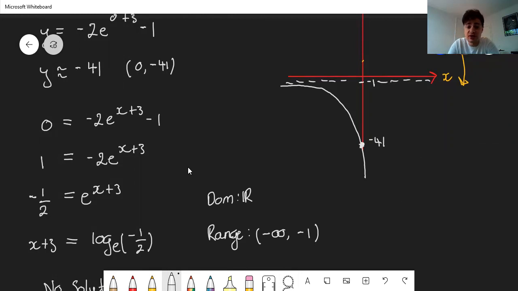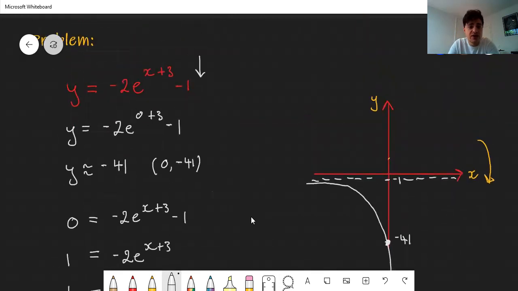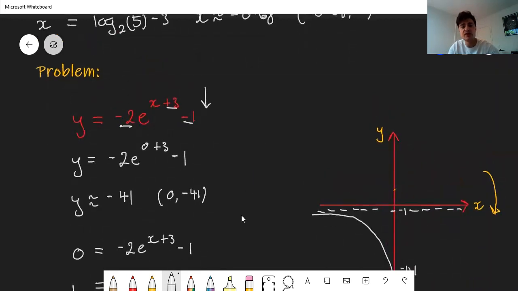Let's discuss the transformations now. The transformations in this function, I'll circle them, I'll underline them. Negative 2, the negative and the 2 are two different transformations. The plus 3 and the negative 1. So the transformations here, there is a reflection in the x-axis.